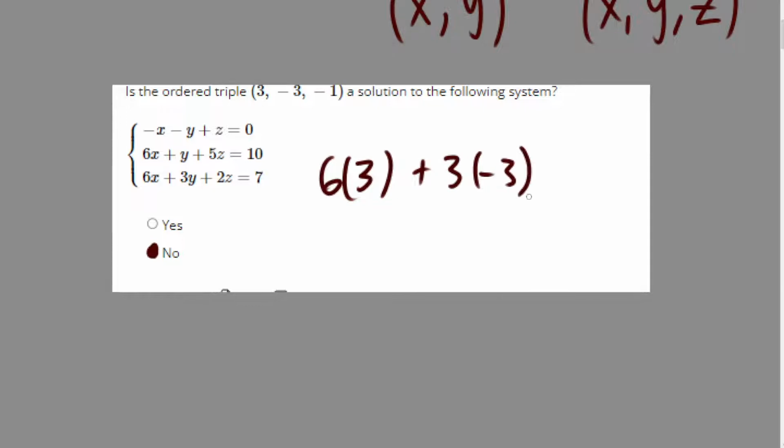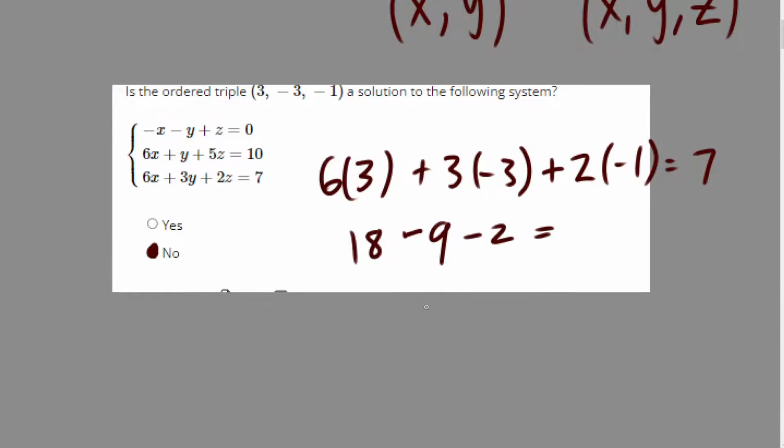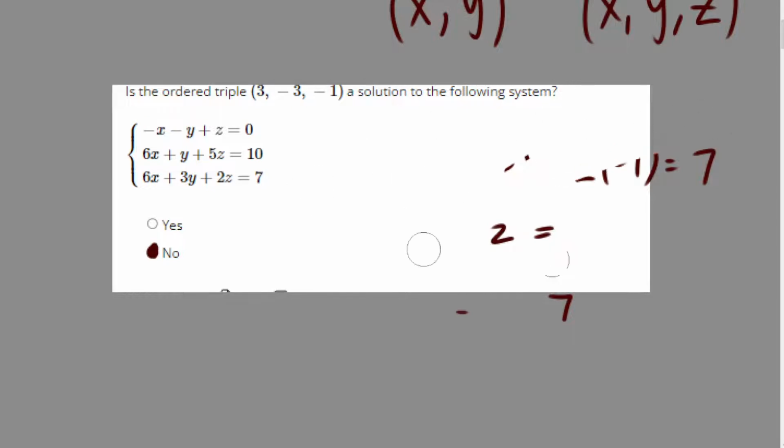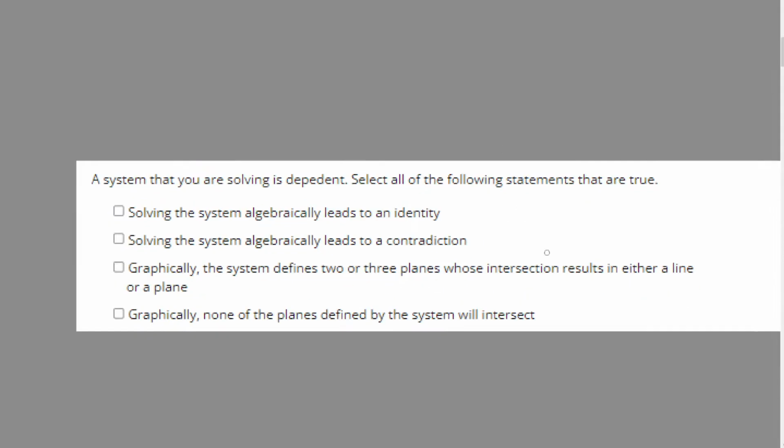That's also why it's important to test all 3 points, by the way. You could have 2 that work and 1 that doesn't. Plus 2 times -1 equals 7. That gives you 18 minus 9 minus 2, which is 9 minus 2, which is 7. And so these two bottom ones work, but the top one does not work because -1 does not equal 0. So it is not a solution to our following system.